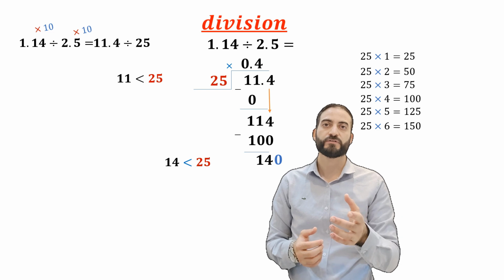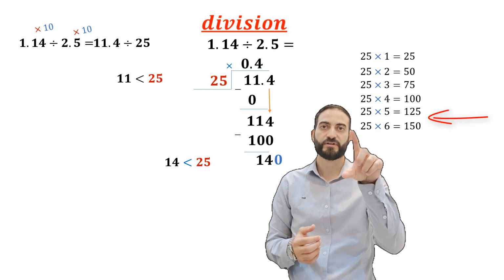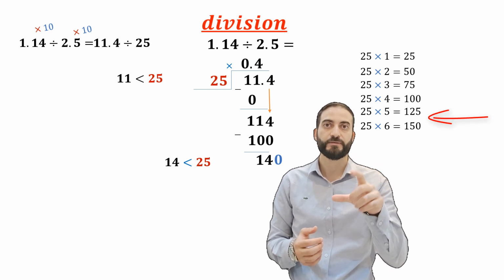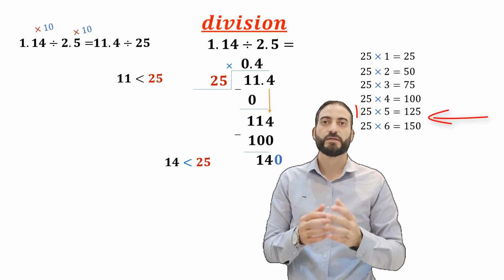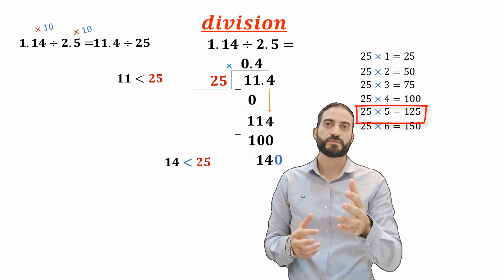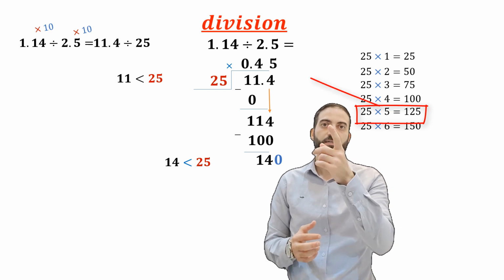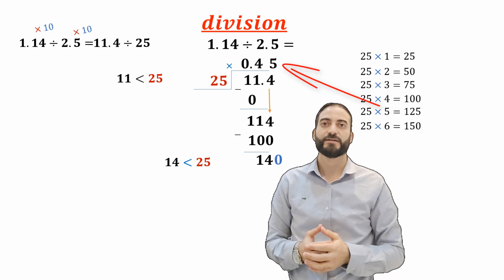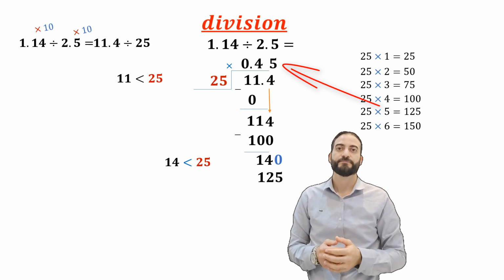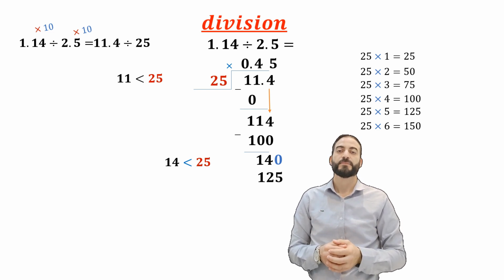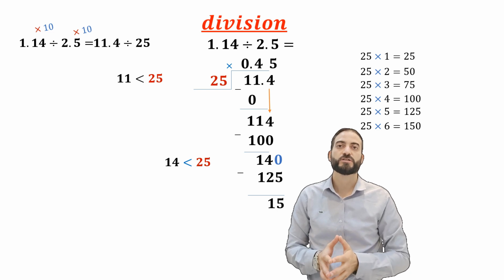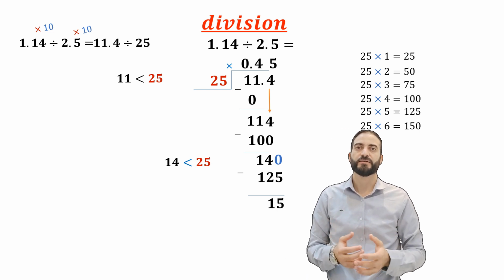We find that 140 is here between 125 and 150. So we take the smaller one, 25 times 5 equals 125, and put this 5 here and immediately multiply it by 25 to get 125. Now we do a subtraction to get 15.